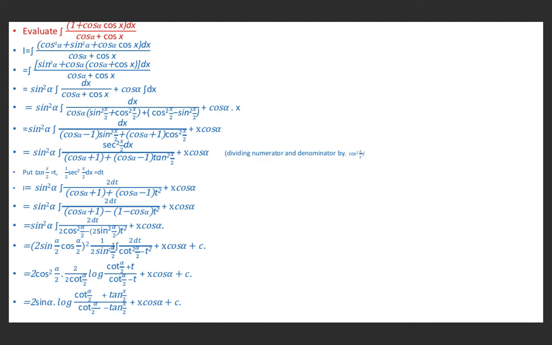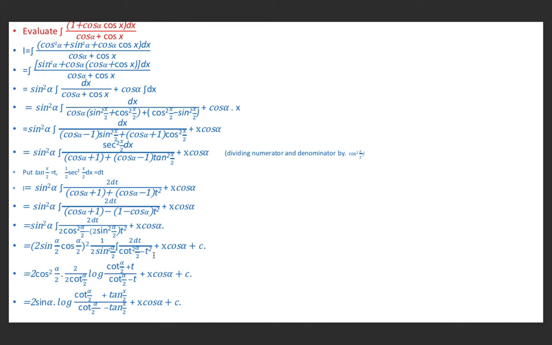Sin square alpha by 2 will cancel. So 2 cos square alpha by 2, and here it is. This 2 will cancel with this 2, and this is cotangent square alpha by 2 minus t square.